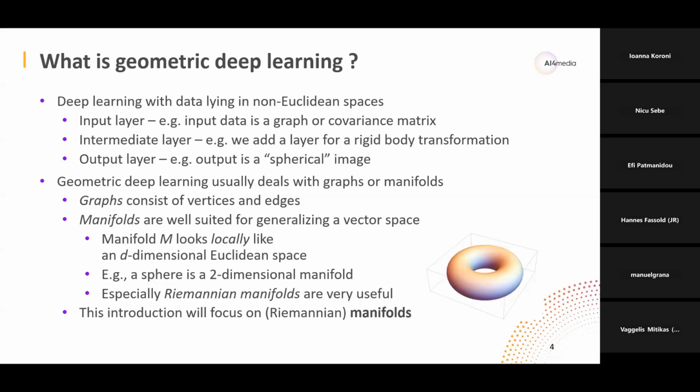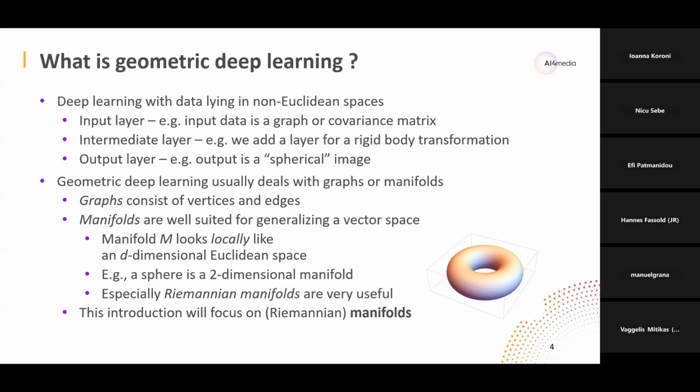In this introduction part, the theoretical part, we will focus mainly on the Riemannian manifolds, due to lack of time and because they are really interesting from a theoretical perspective. And then I have a block with applications of this geometric deep learning in multimedia, and there I will present a mix of applications where graphs are employed.